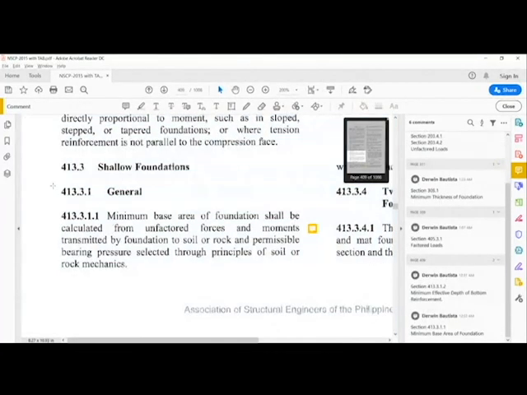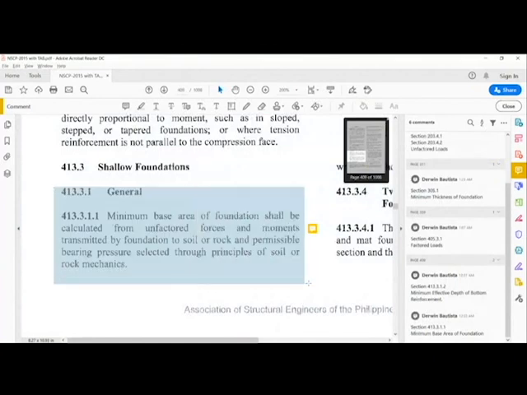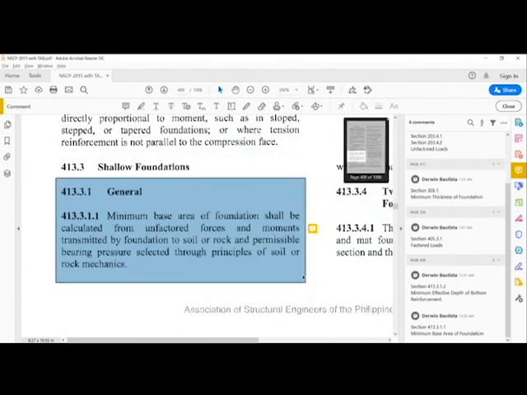The minimum base area of foundation shall be calculated from unfactored forces and moments transmitted by the foundation to soil or rock and permissible bearing pressure selected through principles of soil and rock mechanics. So we are to apply what we learned from our bearing capacity in approximating the base area of our foundation.